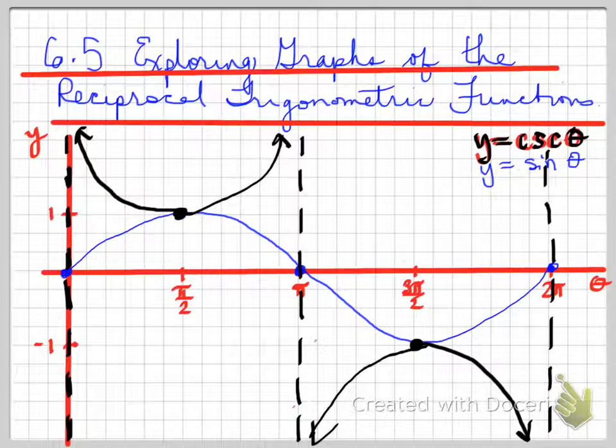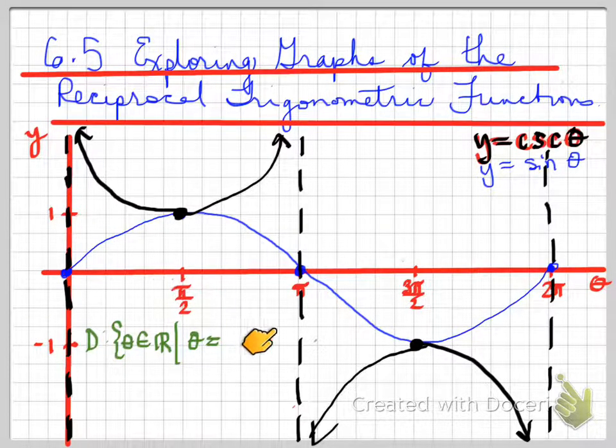All right, let's look at the next one. Oh, wait, before we do this, let's look at the domain. The domain of this function will have restrictions at all of these asymptotes. So these restrictions: theta belongs to real, such that theta cannot equal the following values. Well, let's see where their values are.